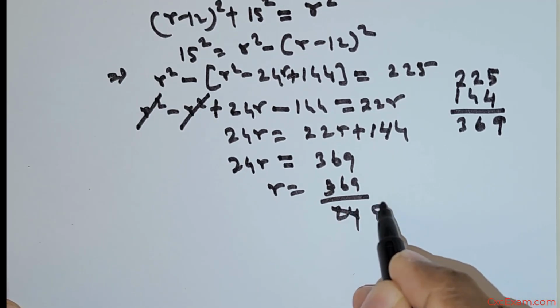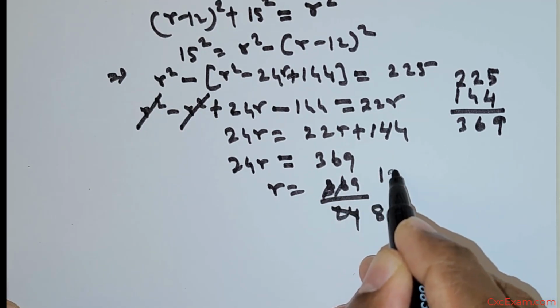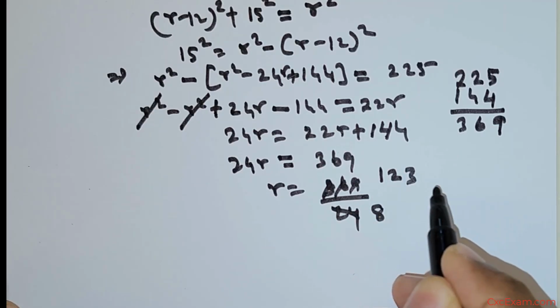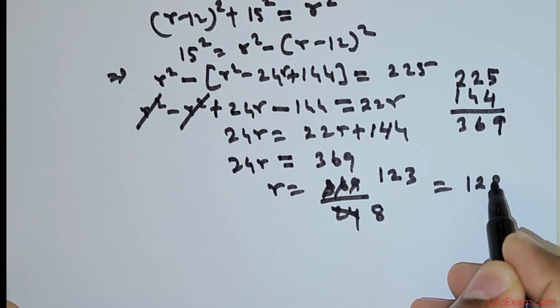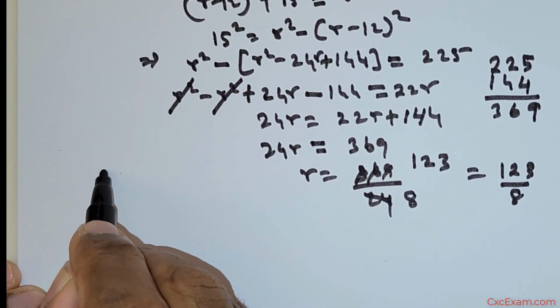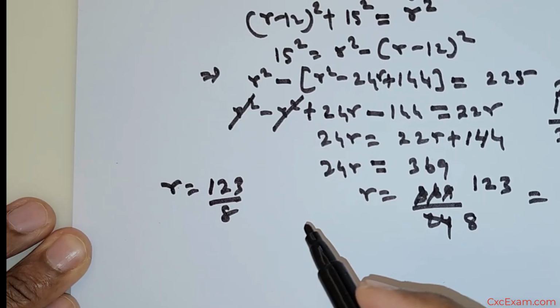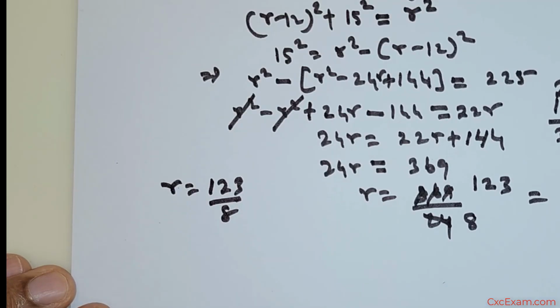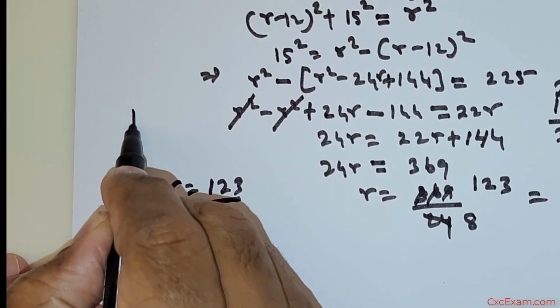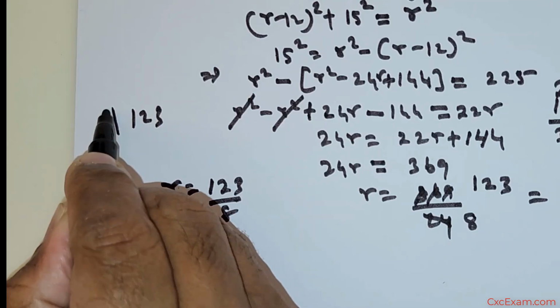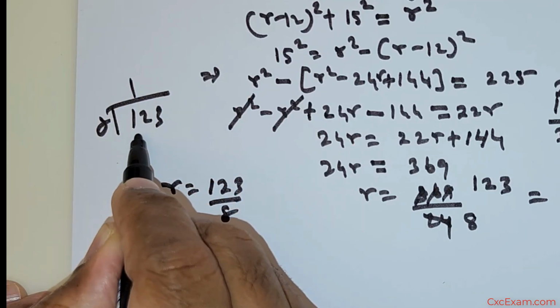Now 3 divides here 8 times, 3 divides here once, 3 divides here 2 times, 3 divides here 3 times. So it's 123 divided by 8. So R is equal to 123 divided by 8. What I wish to do is I would like to divide this 123 by 8. 8 ones are 8.